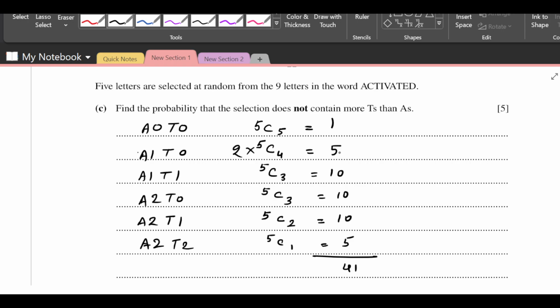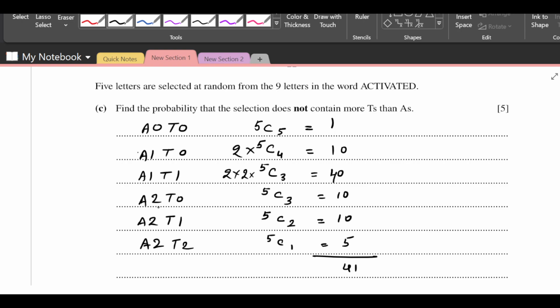So this will become 10. Now when there is one A and one T, so here 2 times 2. Why 2 times 2? Because there are two A's, so I have two options of selecting A, and similarly I have two options of selecting T. So this will become 40.